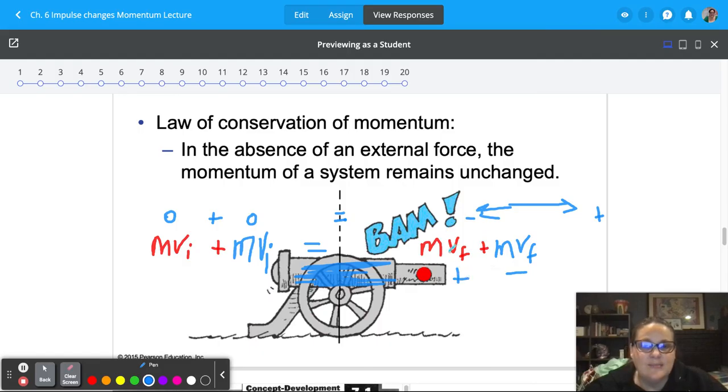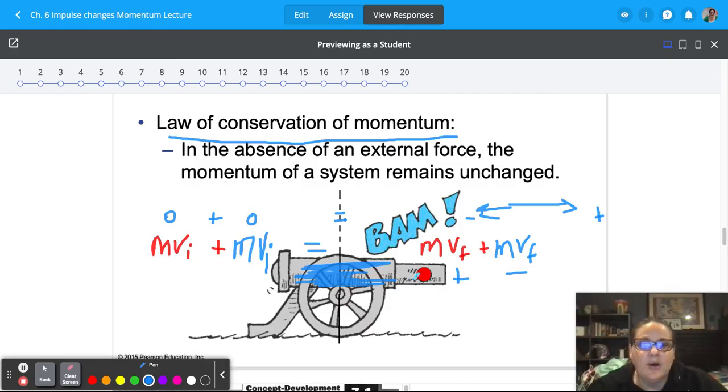So the mass times velocity of the cannonball plus the mass times velocity of the cannon will actually add up to 0. And this is called the law of conservation of momentum, that for a closed system, in other words, we're not taking into account other things, just the cannon and the cannonball, if it has this momentum initially, which is 0, then it will remain 0 even after the shooting of the cannon.